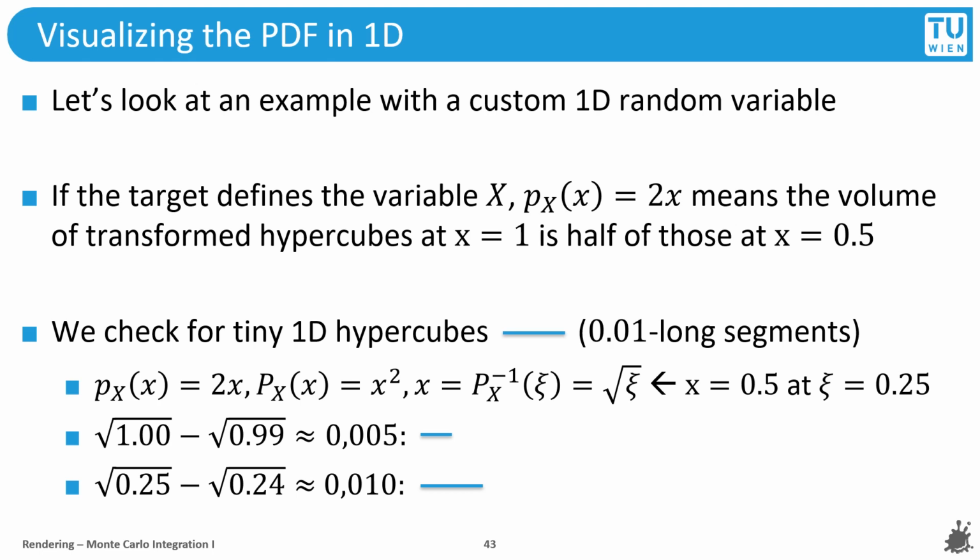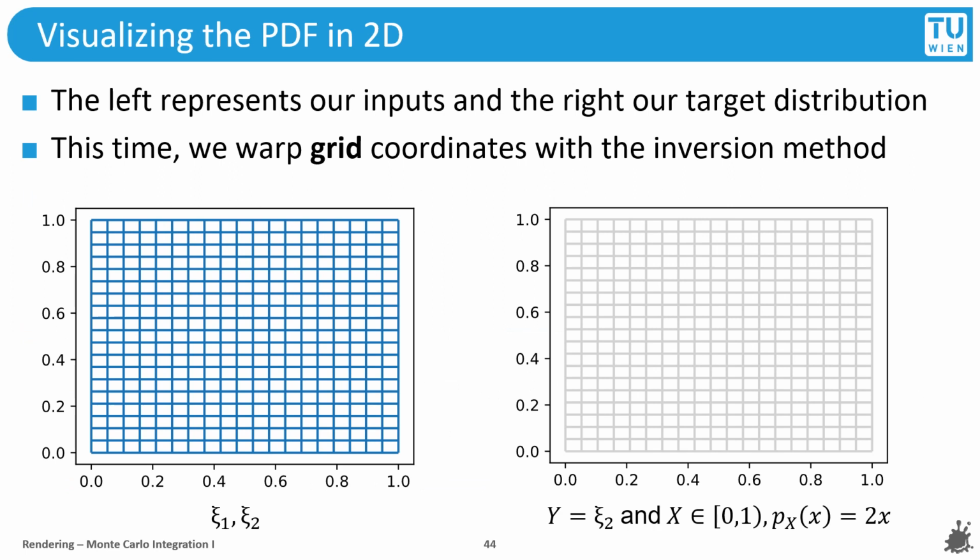So let's look at some more 2D examples. Here we have on the left our input variables xi1 and xi2, and we plot a regular grid over the entire 2D input domain. On the right hand side we will plot the same grid coordinates after we warp them with the inversion method to produce the distribution given below, which is uniform for y coordinates and linear for x coordinates.